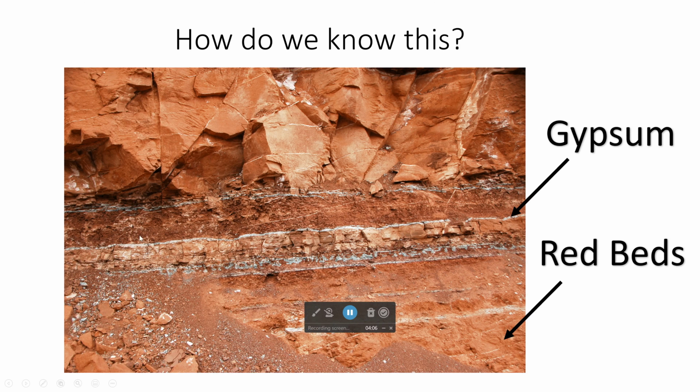We also have gypsum layers, and we've talked about gypsum previously and how this is a precipitated sedimentary rock. That means that it precipitates out from solution as water is evaporating away. What that also tells us is it must have been dry enough that evaporation was very high.